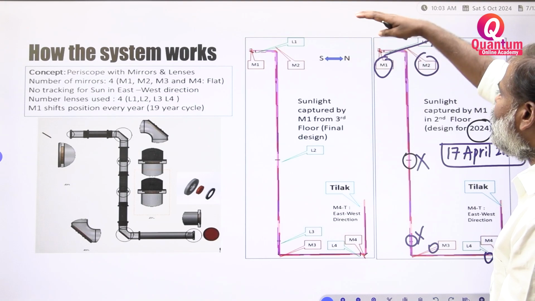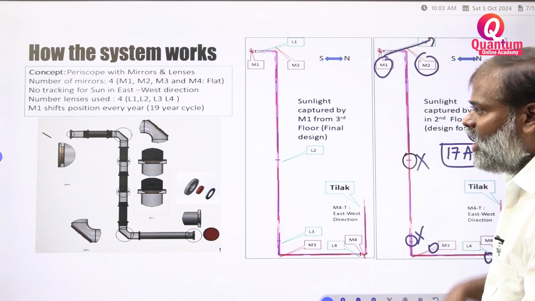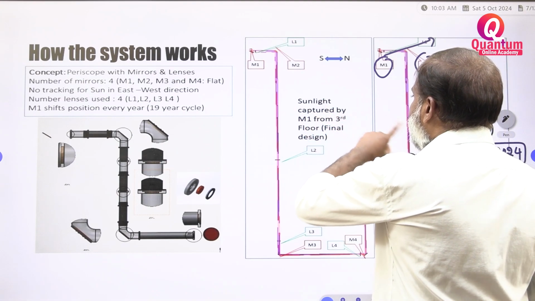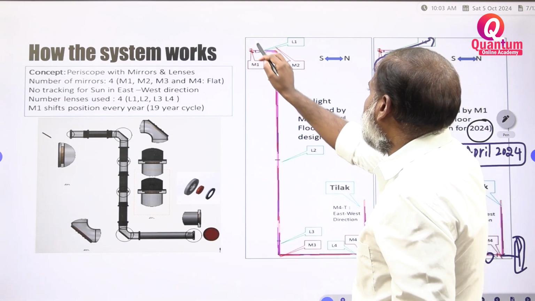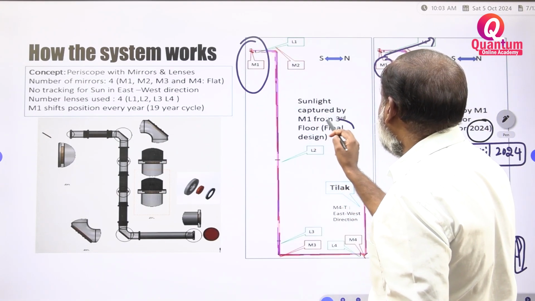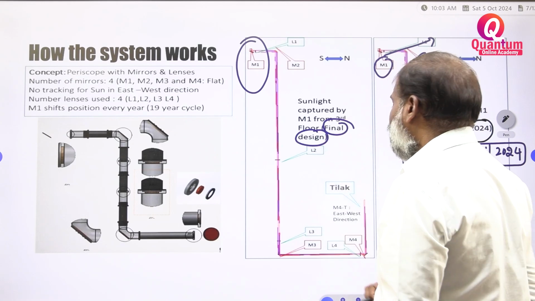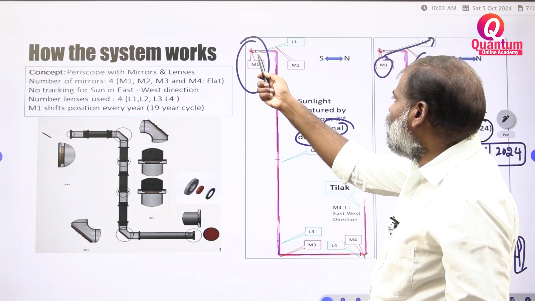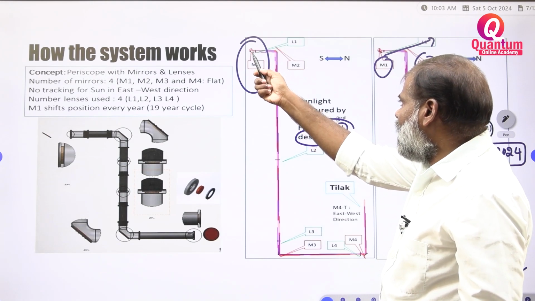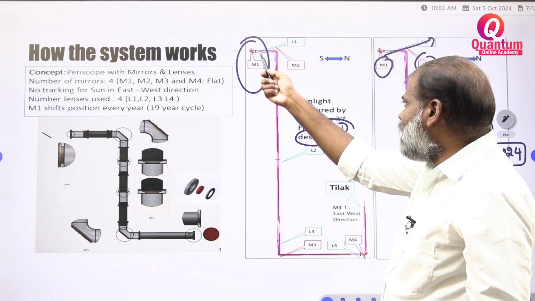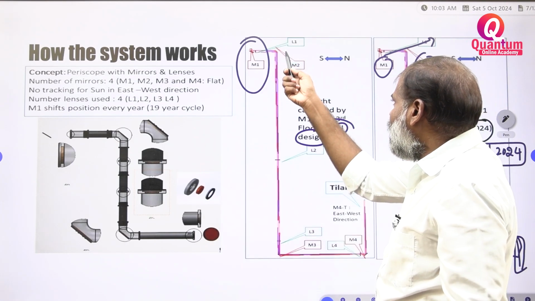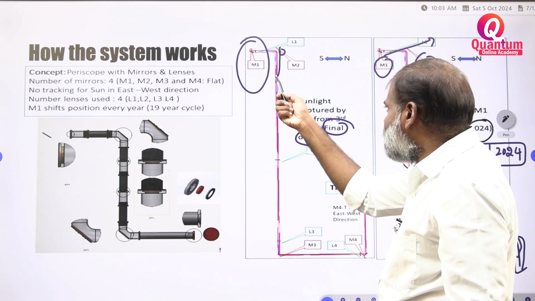But after finishing the construction of the old temple, that is the third floor, sunlight is captured from M1, the final design. This is the third floor building. Light comes through mirror 1 and is incident on lens 1, which highly focuses it, and it comes again to mirror 2 and in this direction.